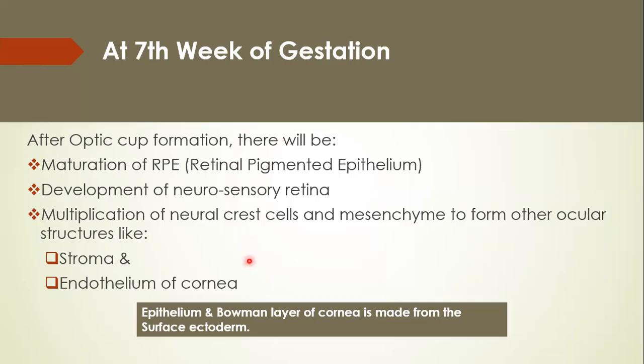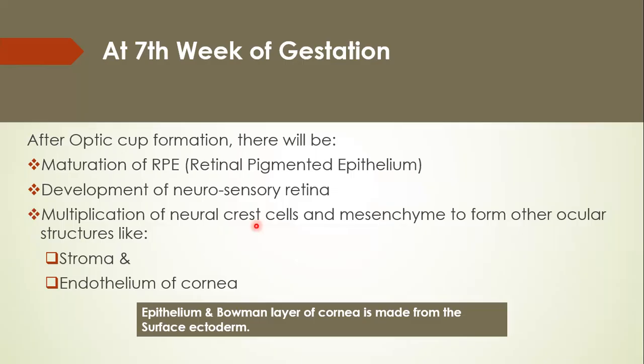Probably the first structures made from this multiplication will be the stroma and endothelium of the cornea, because the epithelium and Bowman's layer are already made from the surface ectoderm. So after the multiplication of neural crest cells and mesenchyme, the stroma and endothelium of the cornea form, so that all layers of the cornea are fully developed, right?